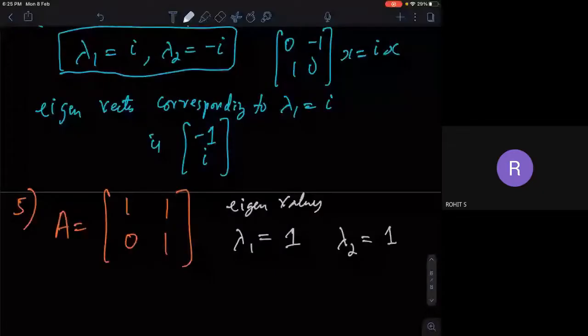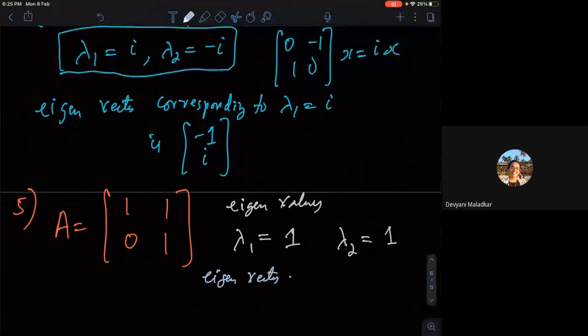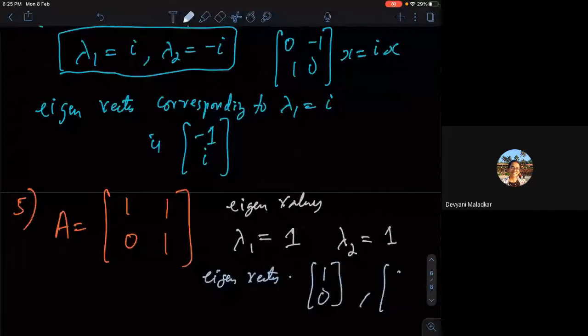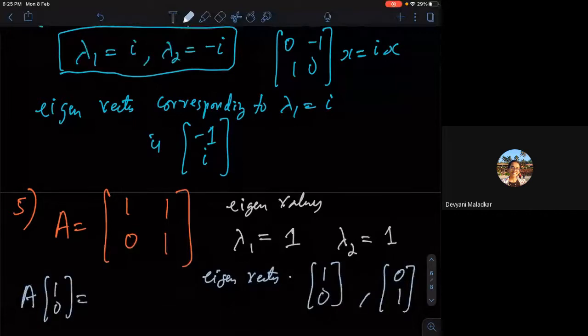Can you give me an eigenvector for this? 1 0 and 0 1. Okay, so let's see 1 0. What happens? You get 1 0.